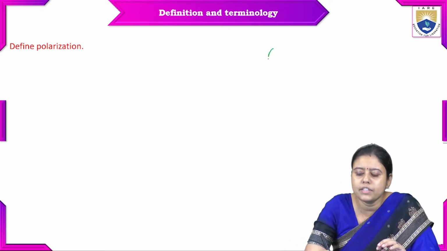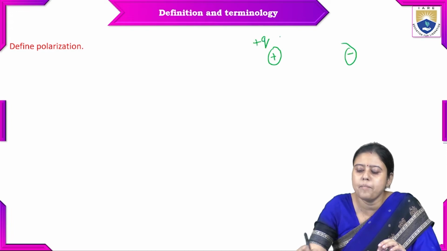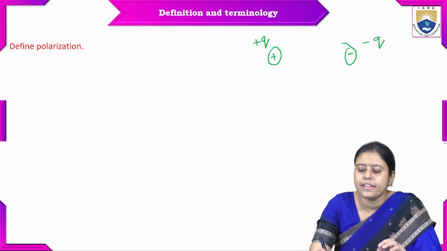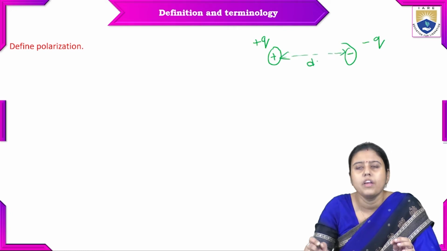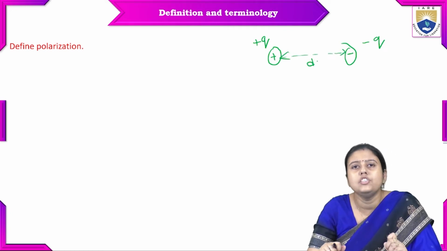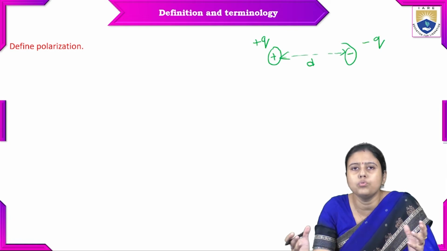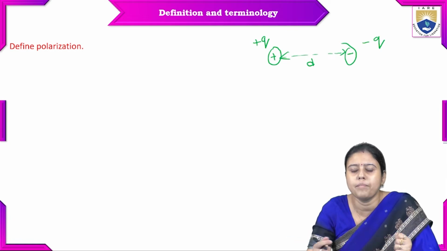Say we have a positive charge here and another negative charge there. Both have the same magnitude and there is some distance d between them. So what will happen? The general tendency of the two charges is to be attracted to each other.